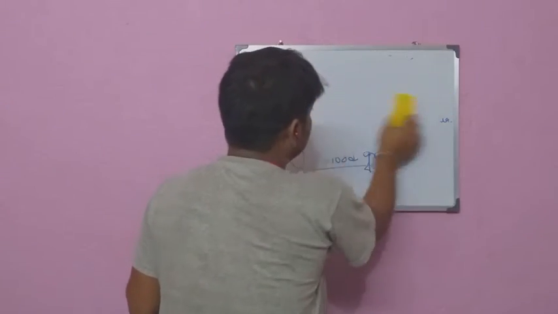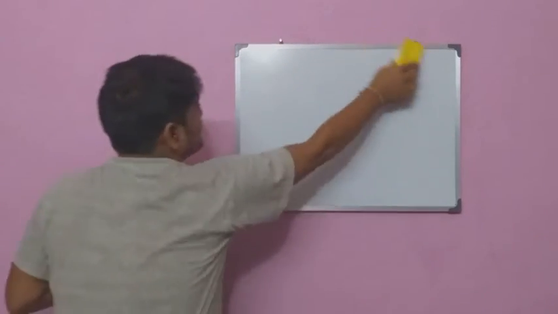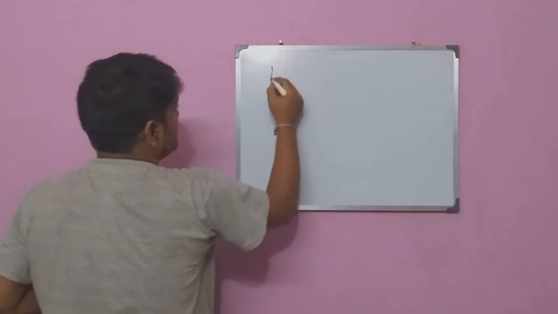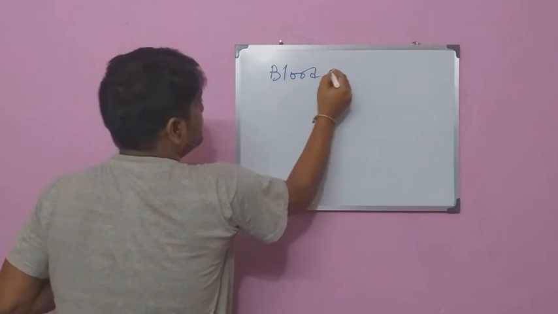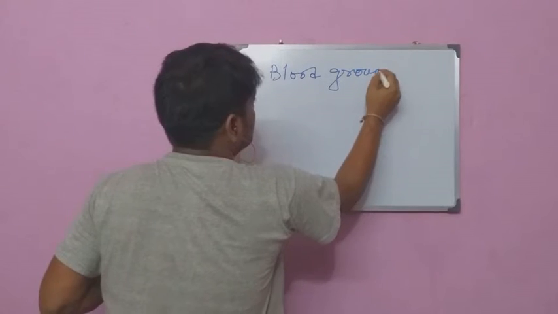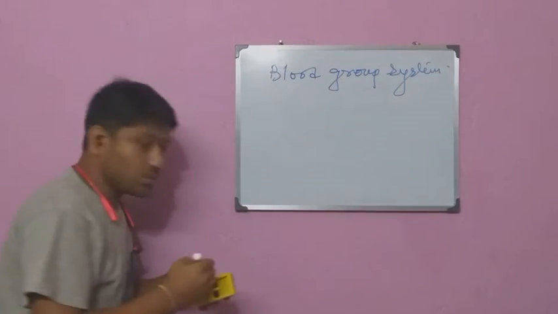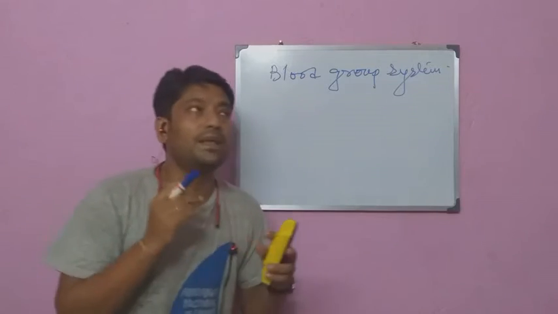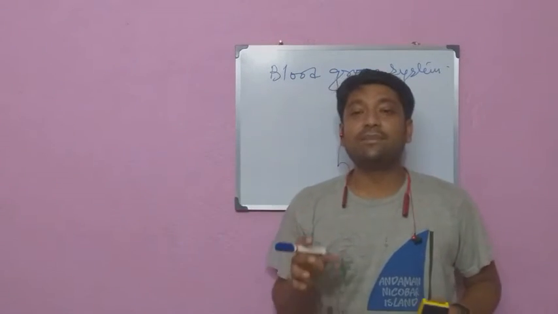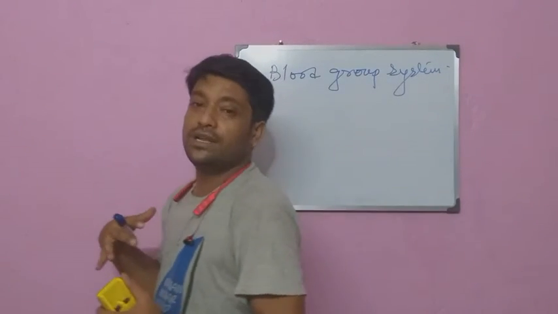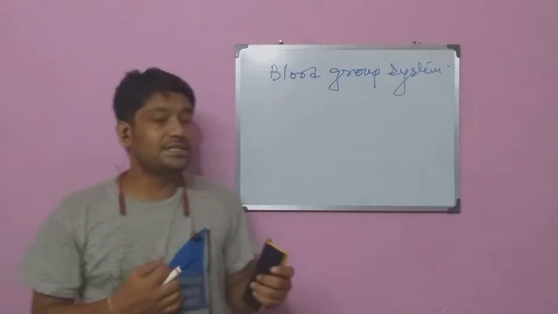What is a blood group system? The blood grouping system is pivotal in blood transfusion.